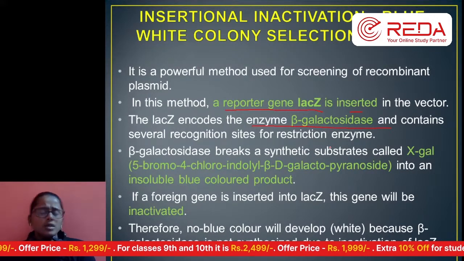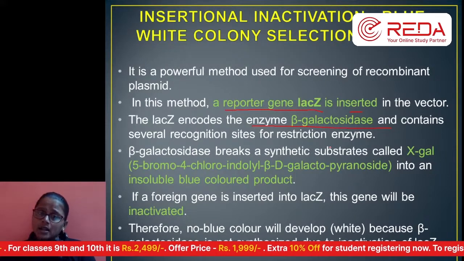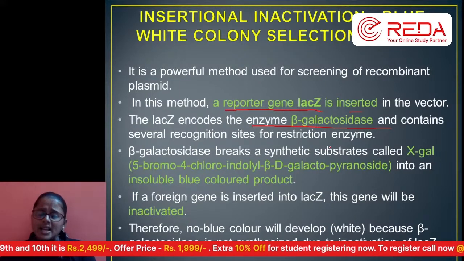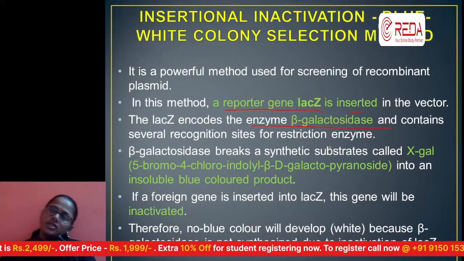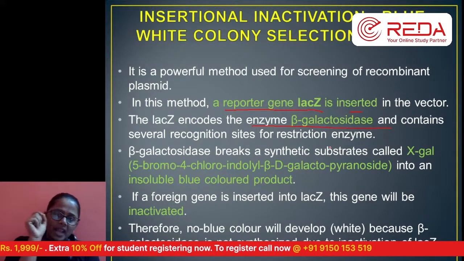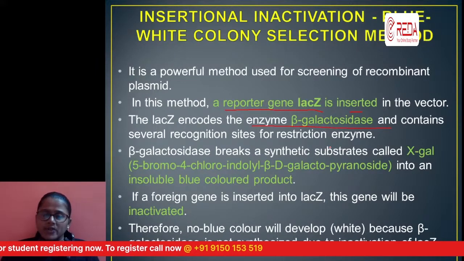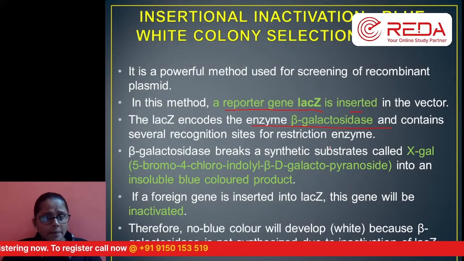Okay, so then how am I going to identify it? It is very easy. There is a concept called insertional inactivation. That is, if you add something in the middle of a sequence of a gene, that sequence gets disturbed. When the sequence is getting disturbed, the coding sequence is also getting disturbed.